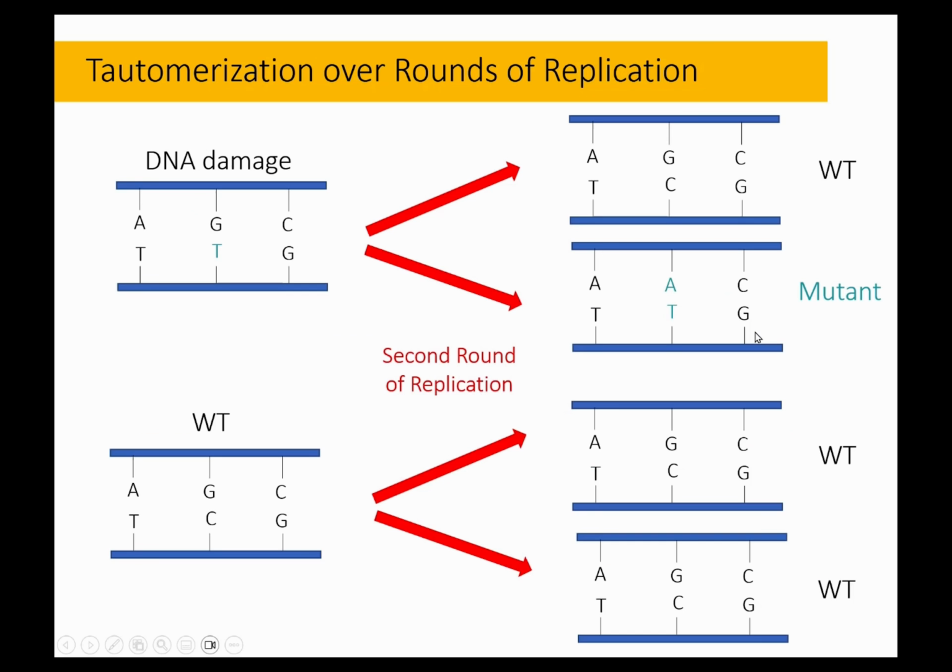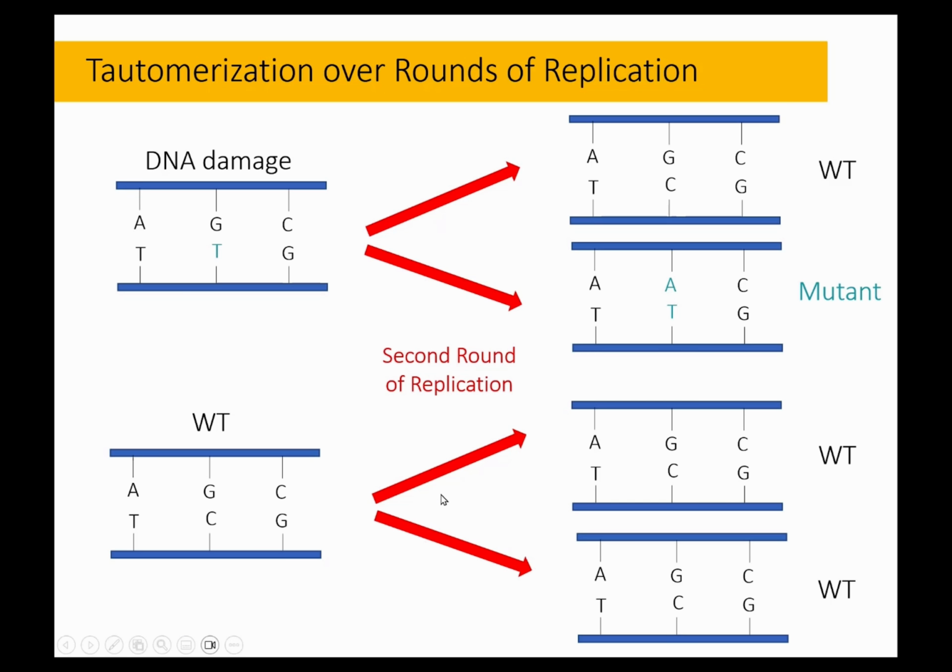So now let's copy this over in the next slide and take each one of these DNA strands and replicate them, right? So then you're going to have 4 cells in the second round. So this one is going to look like this, and the bottom will look like this. Don't draw this out on an exam. 1 wild type is going to make 2 wild type. Yes, 1 wild type makes 2 wild type.